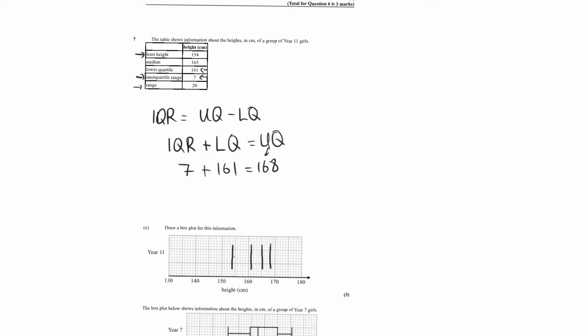Then last but not least, we need the highest value. So I'm going to connect the box together. We need the highest value, which we don't have, but we can work it out because we know range is the highest minus the lowest. Again, rearranging it, range plus the lowest would give us the highest.